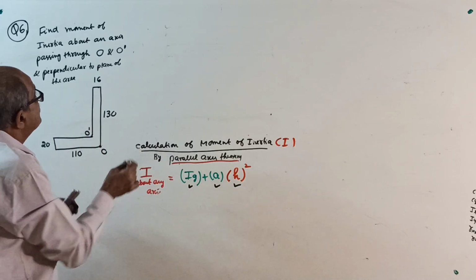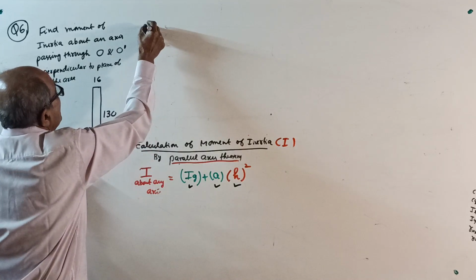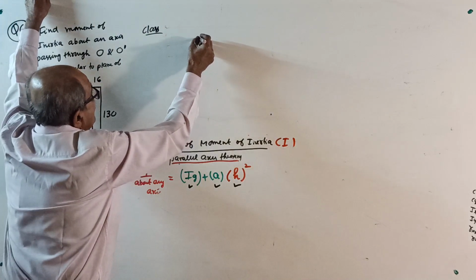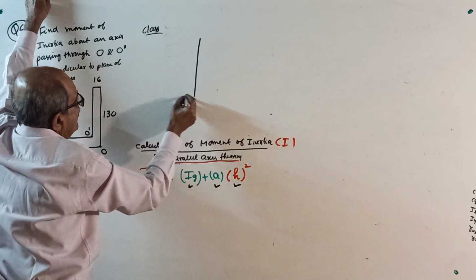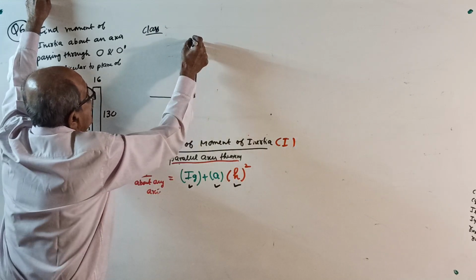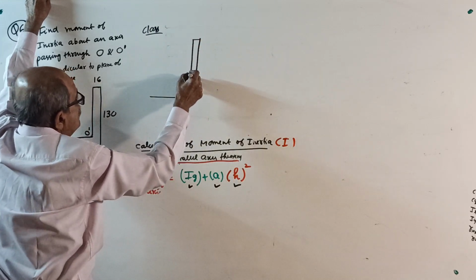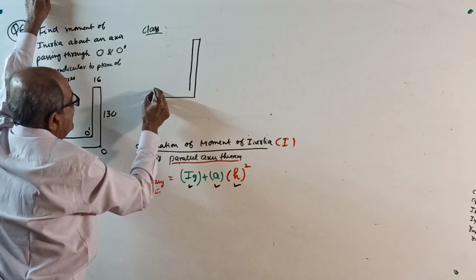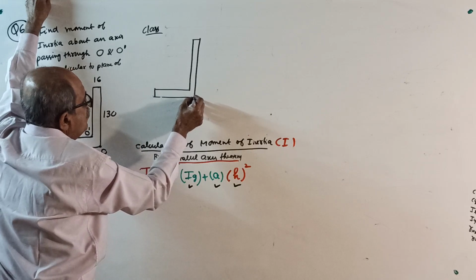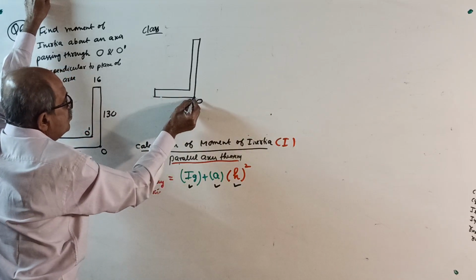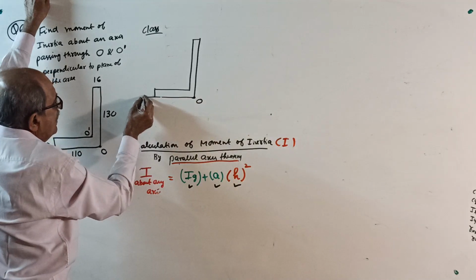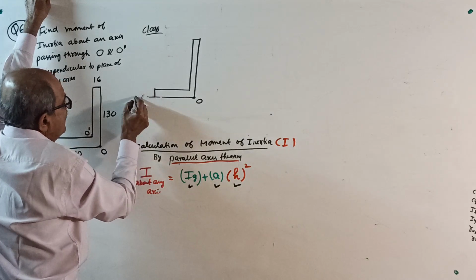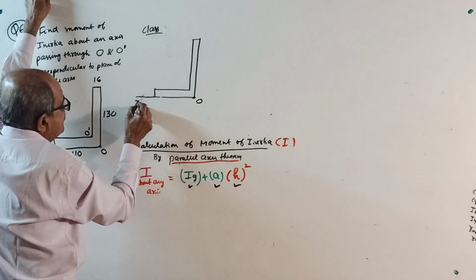Okay, start. Something I will dictate in the class. What you do is, make a note of what I tell now. Scale is not required. Consider point O. Through O, consider one axis OX. Arrow mark is also not required, simply OX.